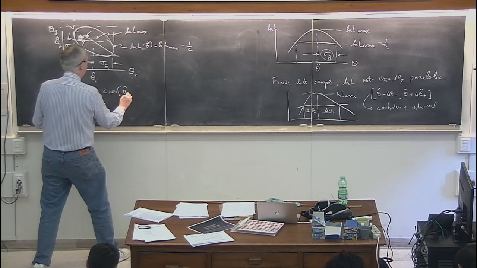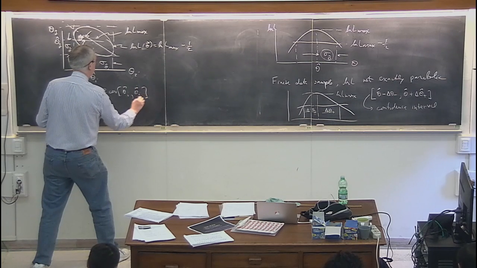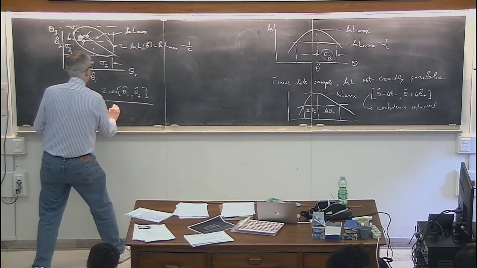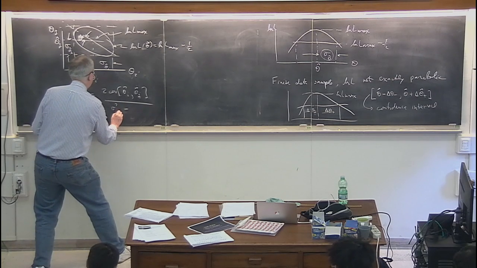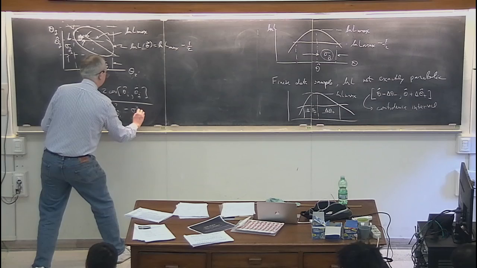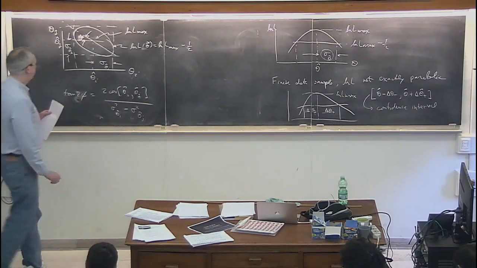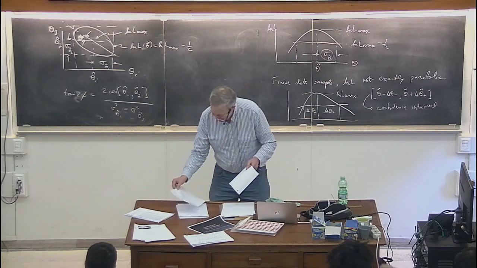All you really need to know is that from the angle you can get the correlation. So this is given by 2 times the covariance of the 2 estimators divided by the difference of the variances. Voila.